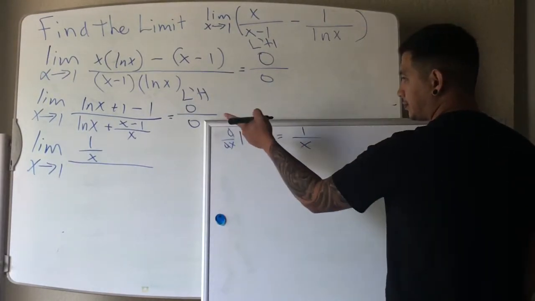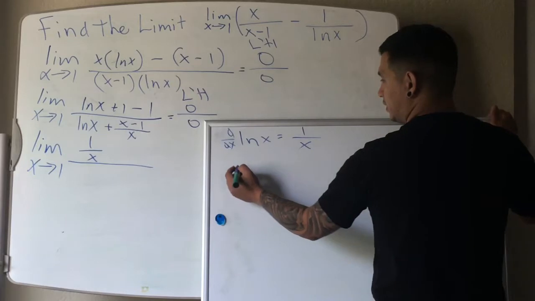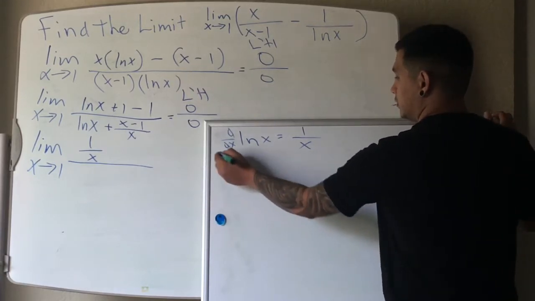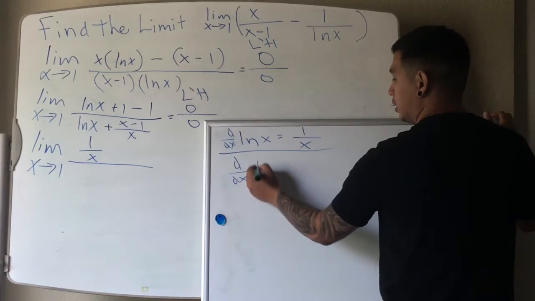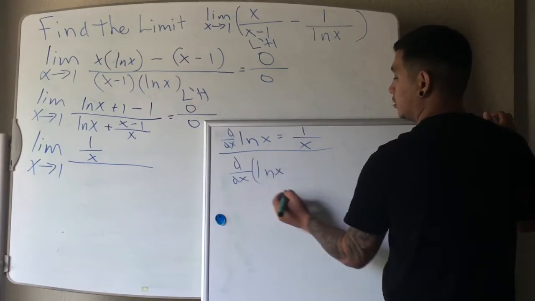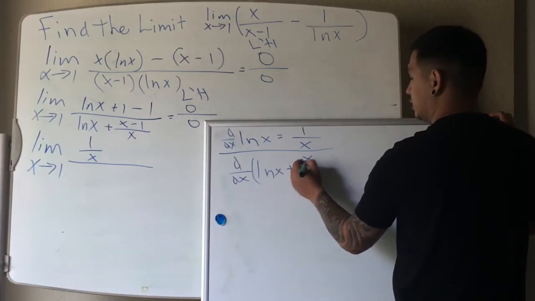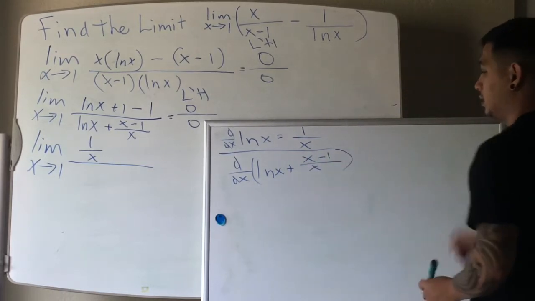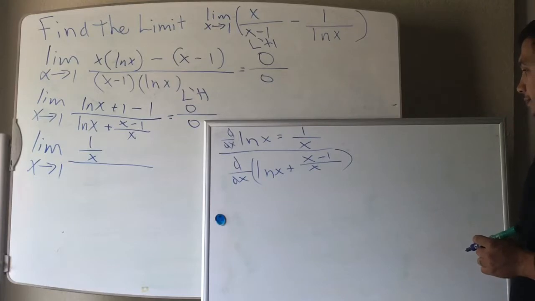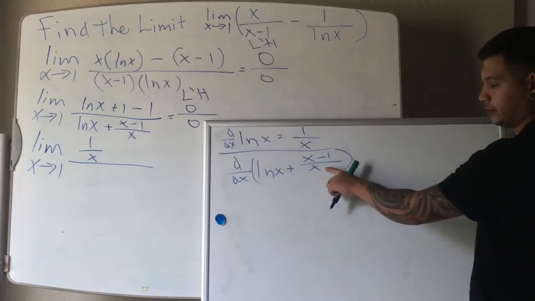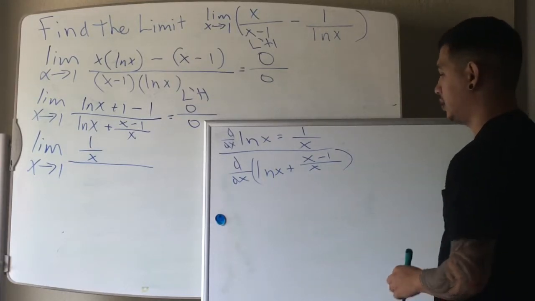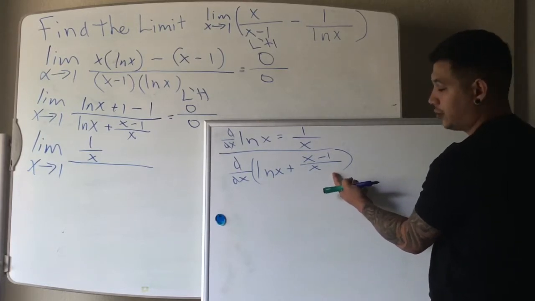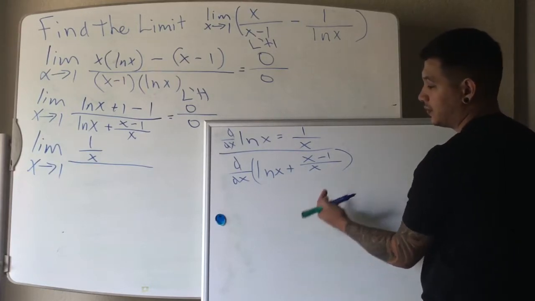So, we have to take the derivative of ln x plus x minus 1 over x. And I want to simplify this before I take the derivative, because otherwise we'll have to do a quotient and this becomes a bit more difficult.